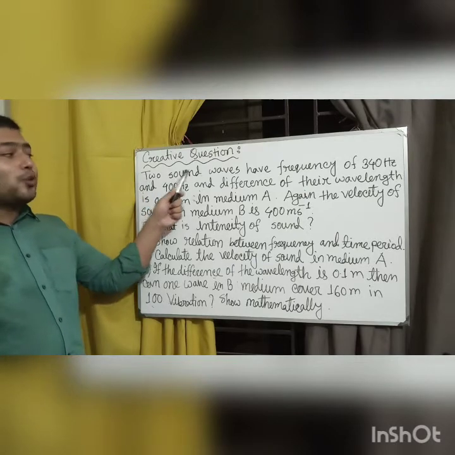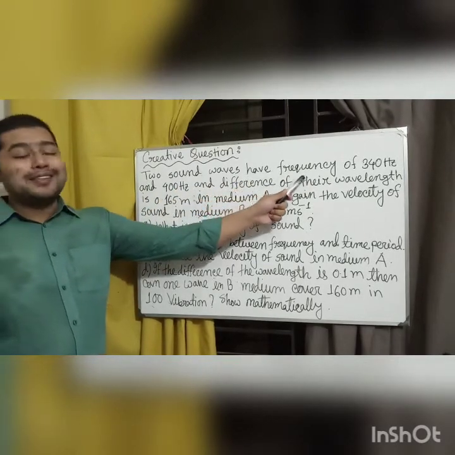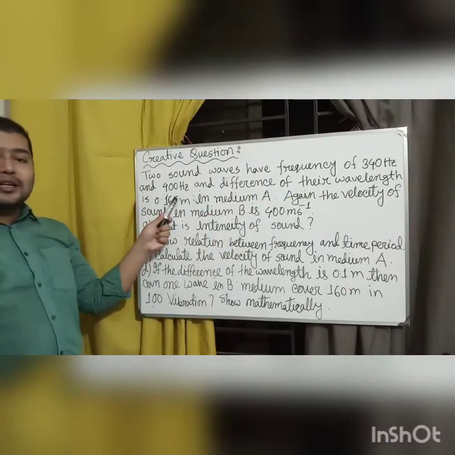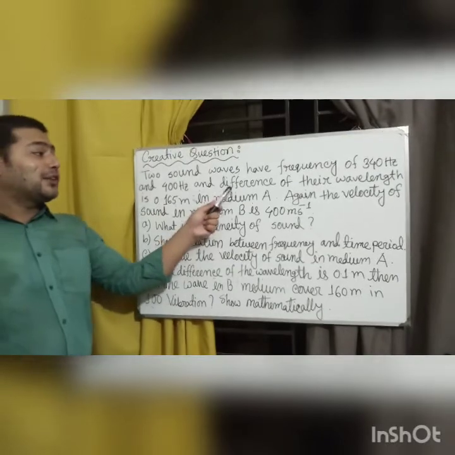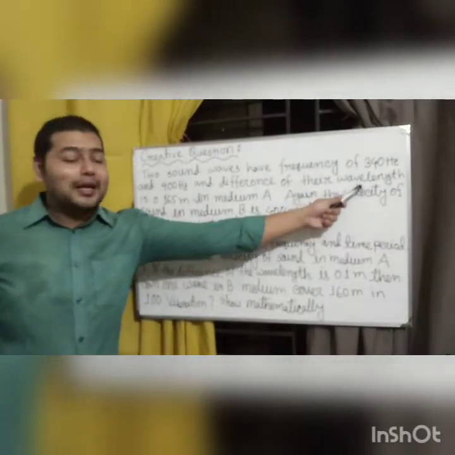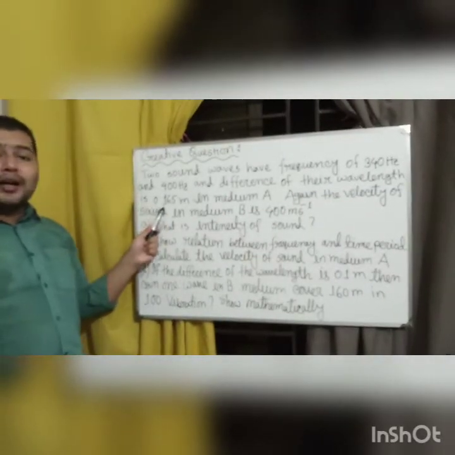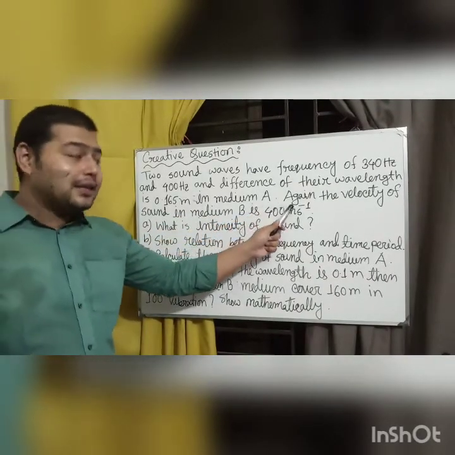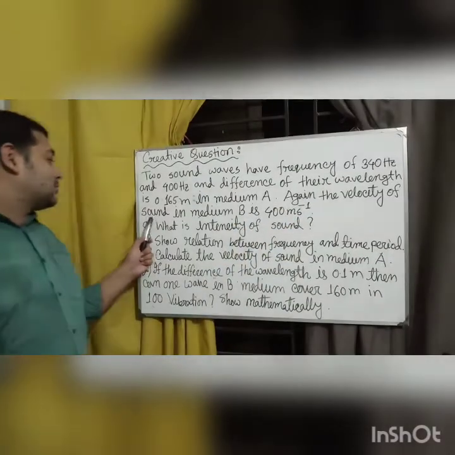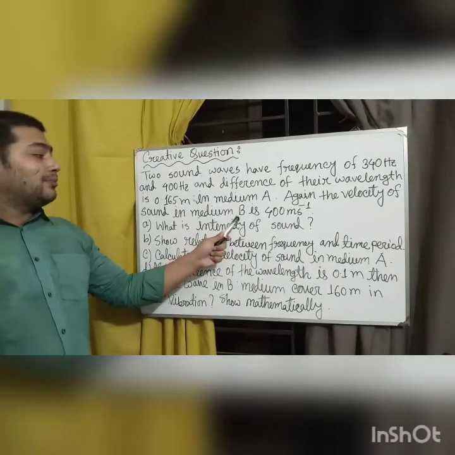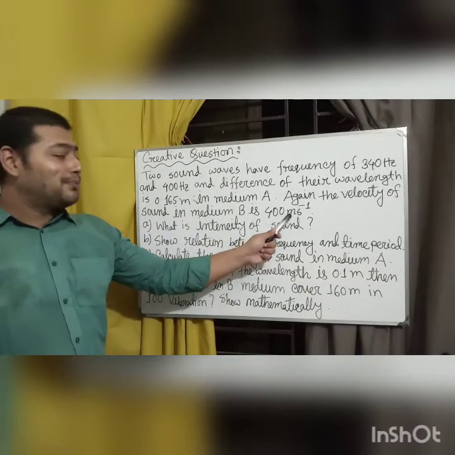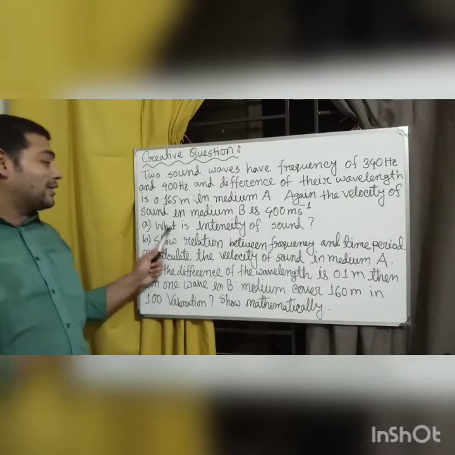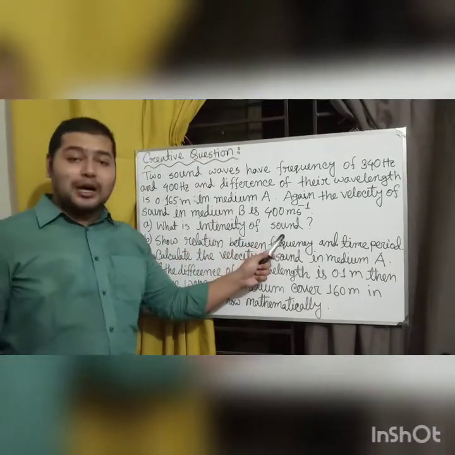Two sound waves have frequency of 340 Hz and 400 Hz, and difference of their wavelength is 0.165 meter in medium A. Again, the velocity of sound in medium B is 400 meter per second. Question A: what is intensity of sound?